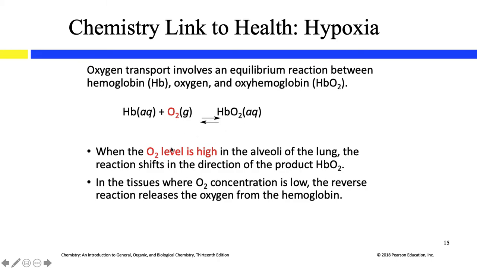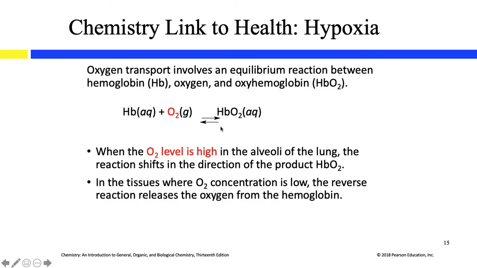If my oxygen level is high, so if I have a lot of oxygen, that will cause the reaction to shift towards forming oxyhemoglobin to get rid of the extra oxygen that I breathe in the lungs. So in the lungs, the reaction will shift towards binding that oxygen to form oxyhemoglobin, which is wonderful for us because that way we bind the oxygen.